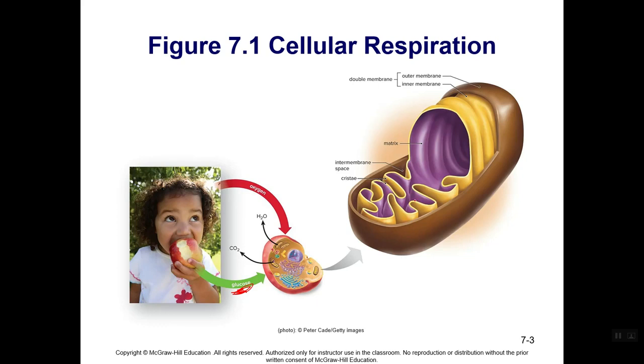The fact that it's not just smooth and has all these ups and downs, it is going to increase surface area. All right, so those ups and downs, the inner membrane folds, are called the cristae. And of course it's found within our cells, inside of animal cells and plant cells. Pretty much any cells have mitochondria, but not all of them have chloroplasts.